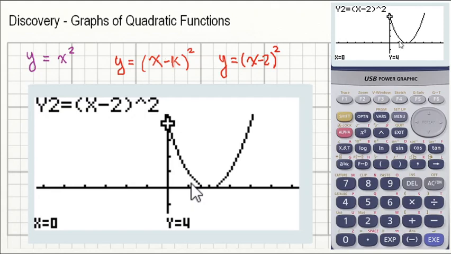However, it's just shifted. It has just been translated. It has not been warped or stretched in any direction. That's really important to notice. Now, knowing this, and if we are right, what would we expect to happen if we add 2 instead of subtract?